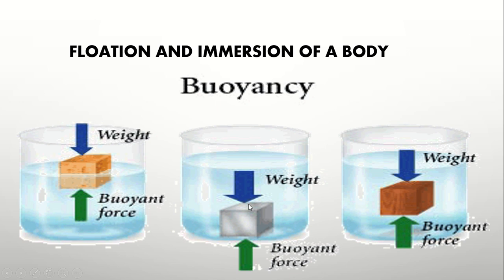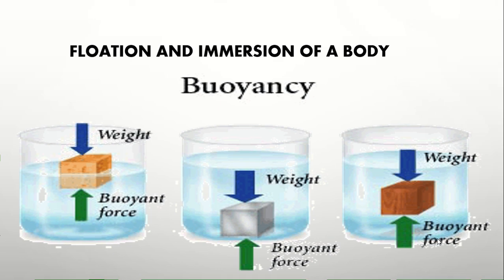Here we can see the object is at the bottom of the water. That means the object is sinking in the liquid. So here the weight of the object is greater than the buoyant force. But here the object floats being fully immersed in the liquid. That means weight and the buoyant force are equal to each other in this case.